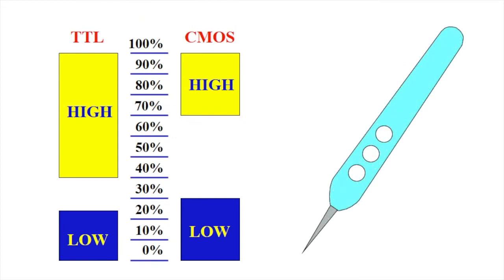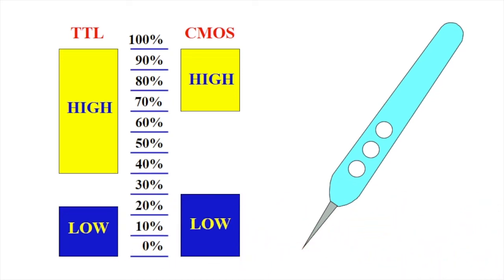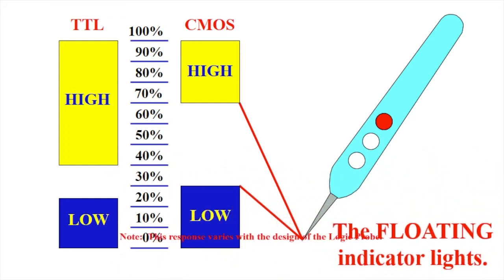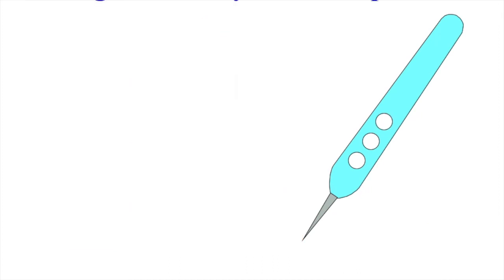Now with a logic probe, it's going to give you an indicator light. All that changes depending on the type of the probe.